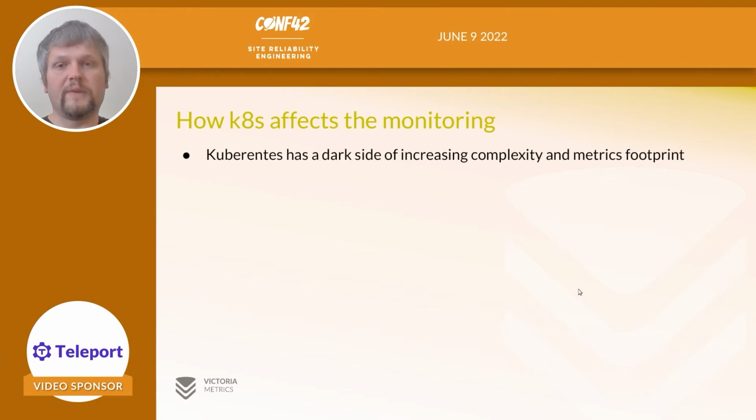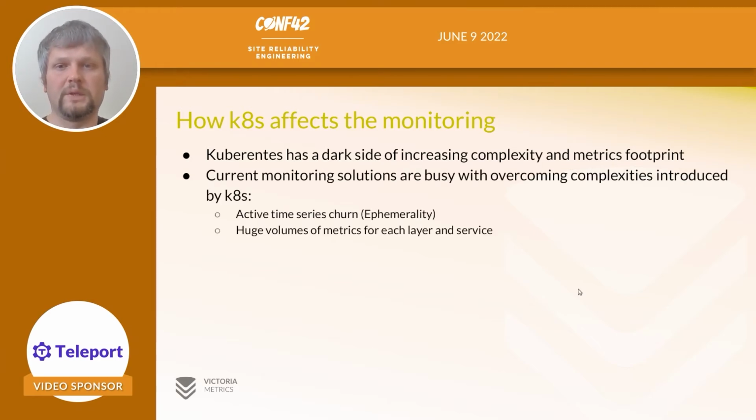How does Kubernetes affect monitoring? As you can see from previous slides, Kubernetes increases complexity and metrics footprint. Current monitoring solutions such as Prometheus, VictoriaMetrics, Thanos, Cortex, and M3DB are busy overcoming complexities introduced by Kubernetes.